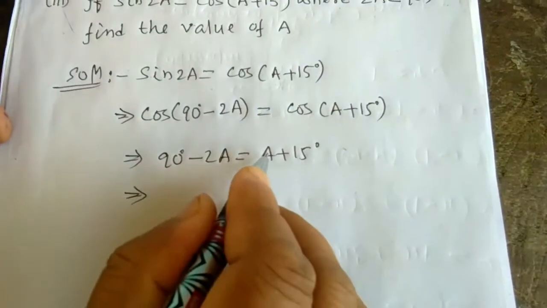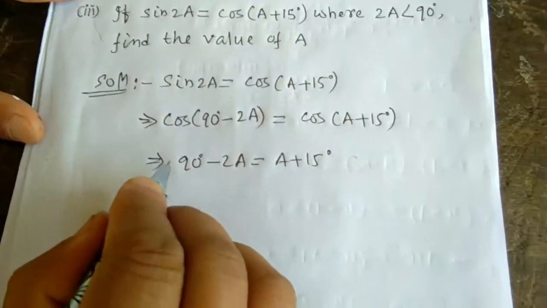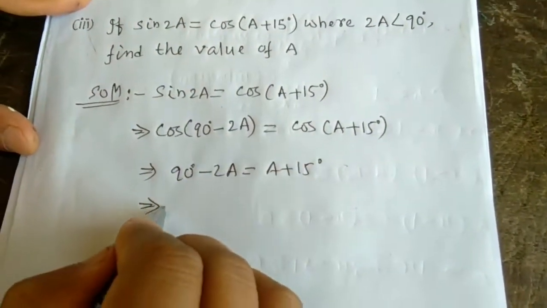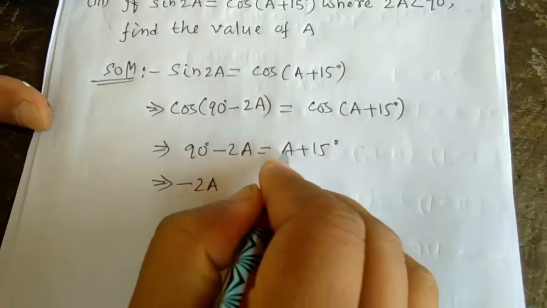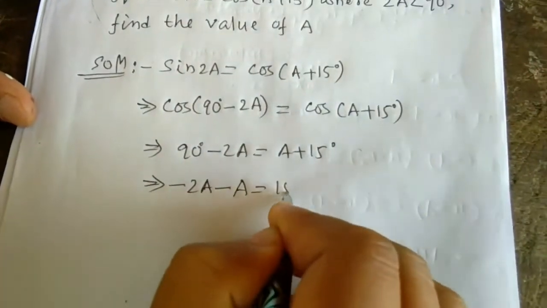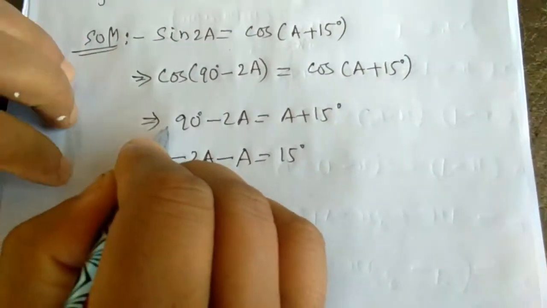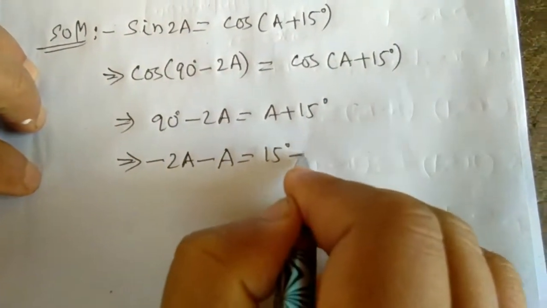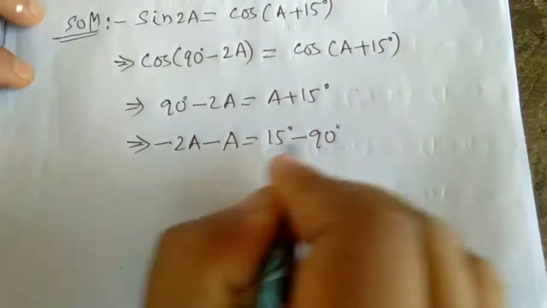Same as before, we have to find the value of a, so you bring a to the left side, and the constant you transfer to the right side. Minus 2a, this is plus a, if you bring it to the left side it will become minus a. 15 degrees, 90 is positive on the left hand side, if you transfer to the right it will become minus 90 degrees.